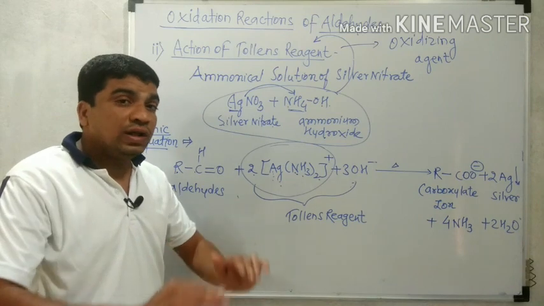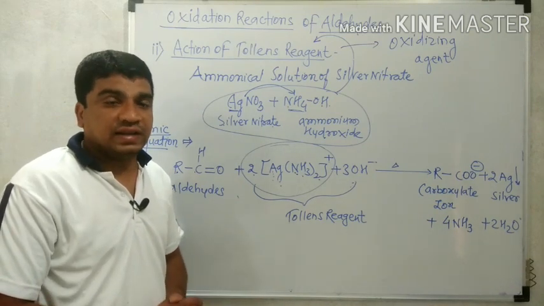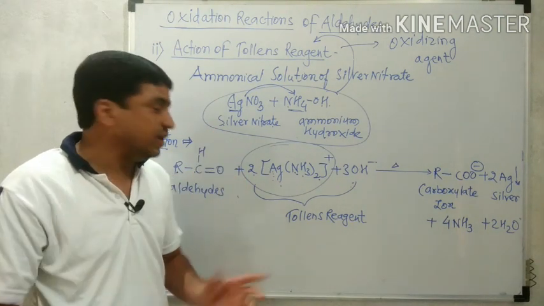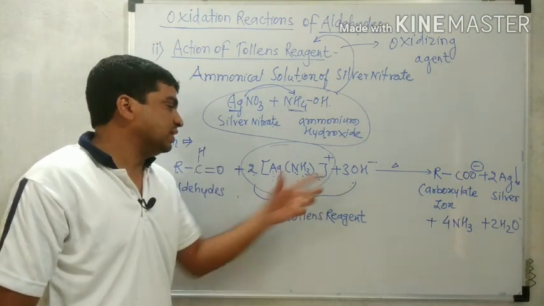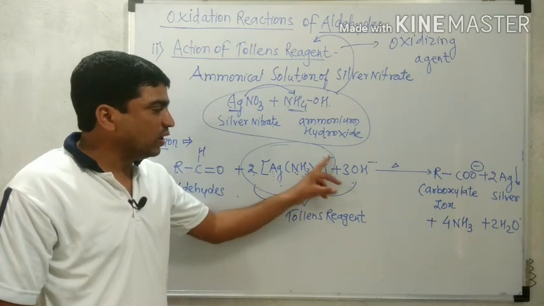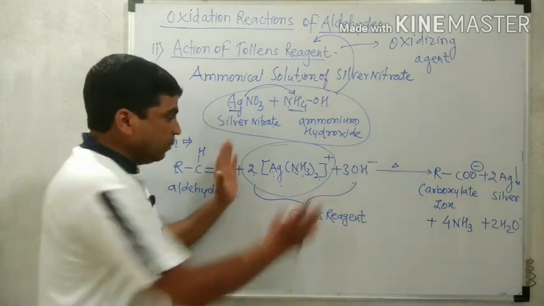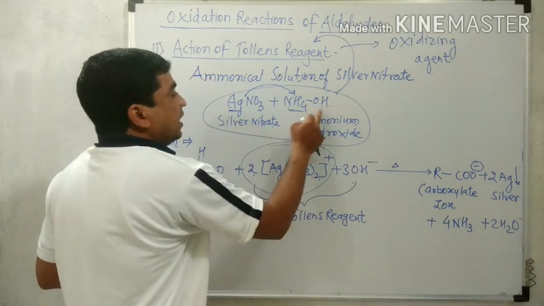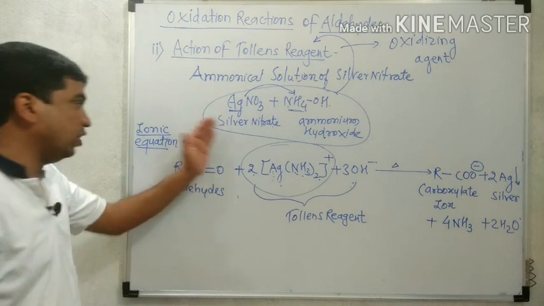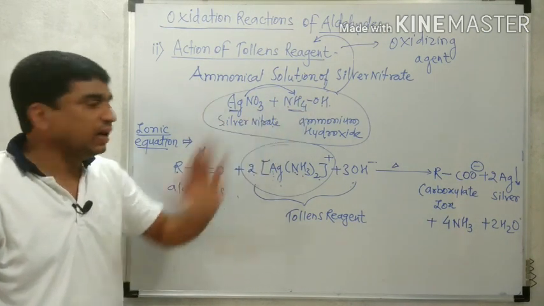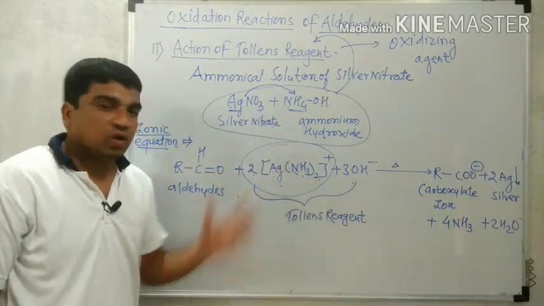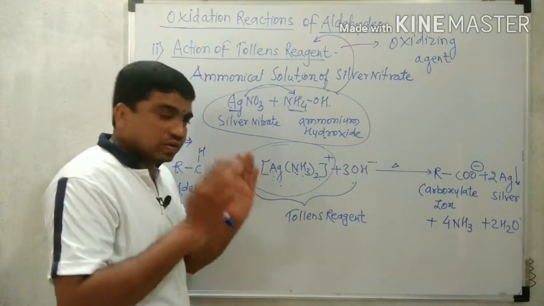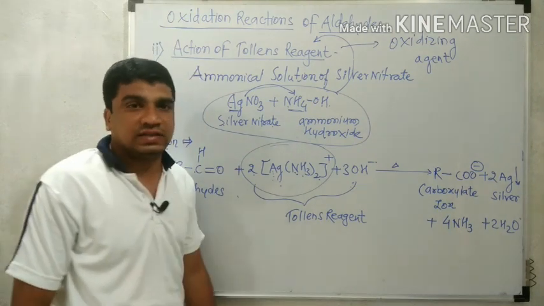We know only the active part of the reagent takes part in the reaction. The important active part of Tollens reagent is these two ions, [Ag(NH3)2]+ and OH minus, both obtained when we dissolve AgNO3 in ammonium hydroxide. These ions combined are called Tollens reagent because they have an important role in the reaction.